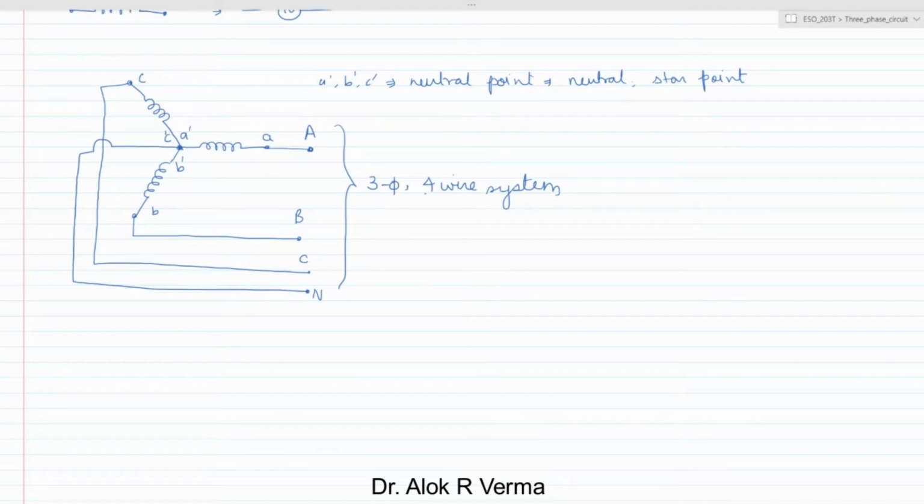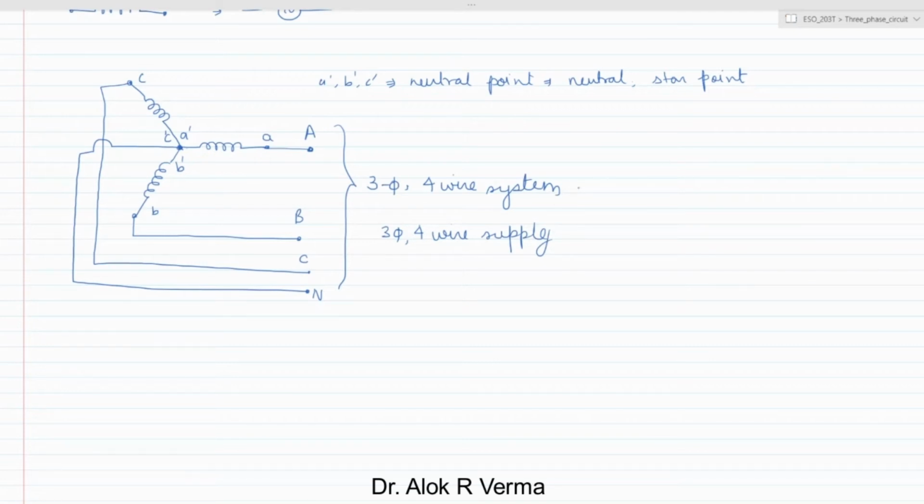Thereby we have four wires. If it is a voltage source, we call it a three-phase, four-wire supply.